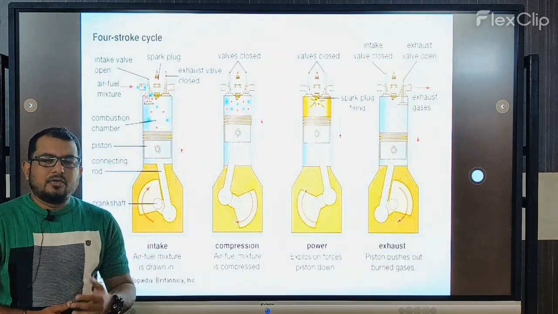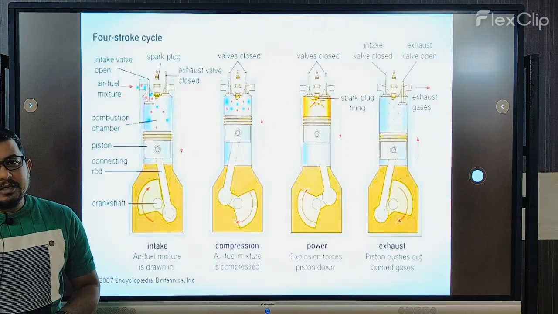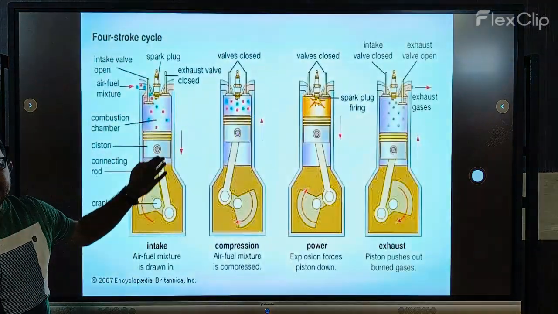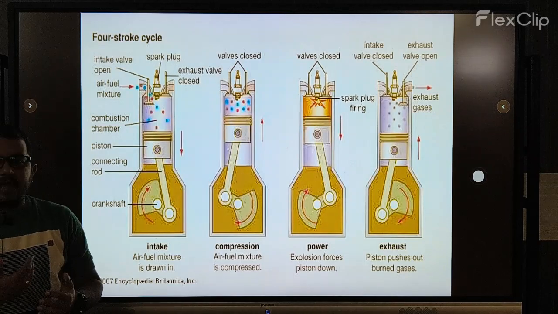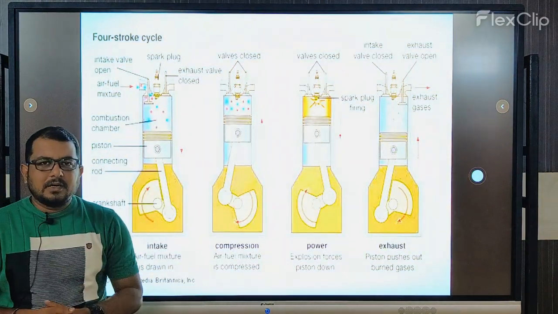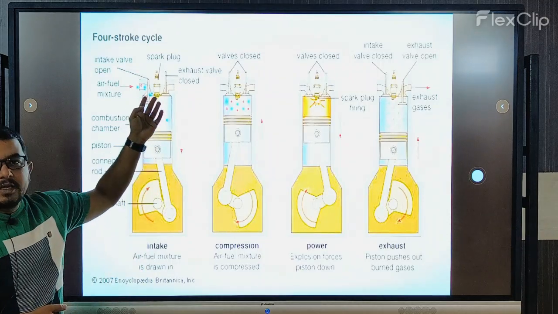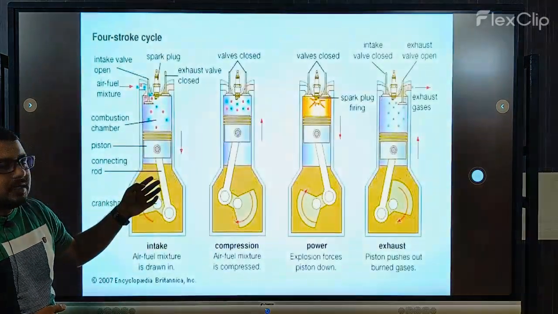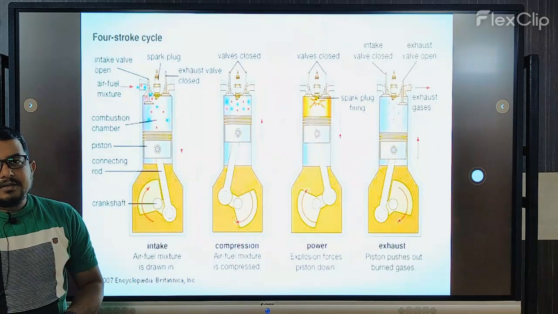intake. In the intake stroke, or the suction stroke, the piston moves from top dead center to bottom dead center, creating a vacuum, due to which the air and oil mixture comes from the inlet into the cylinder.